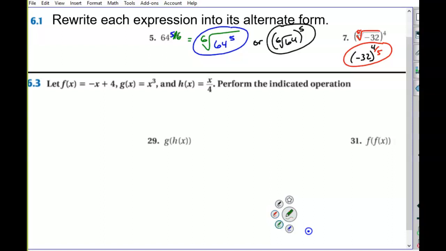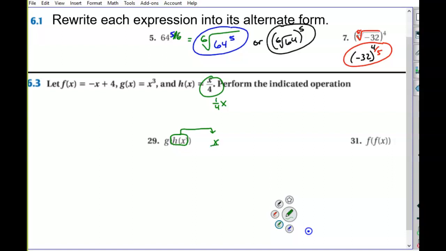Alright, so now we've got g of h of x. So what we need to do is figure out what is h of x. H of x is x divided by 4, which, by the way, if you want to rewrite that, some students like to think of it better as 1/4 x. Same thing.